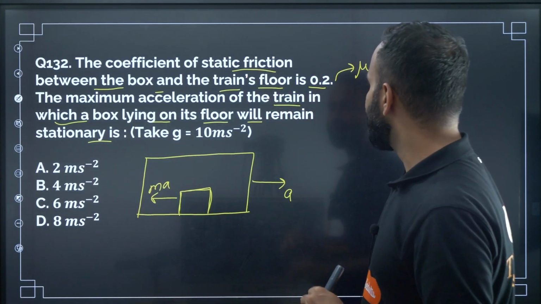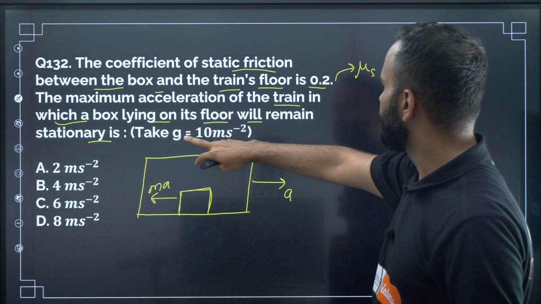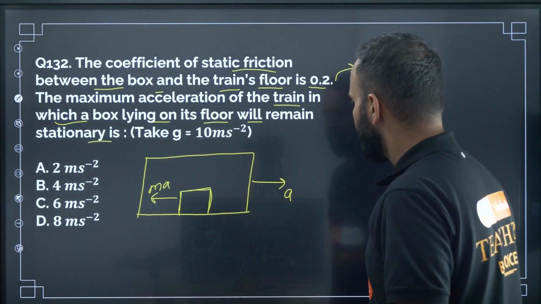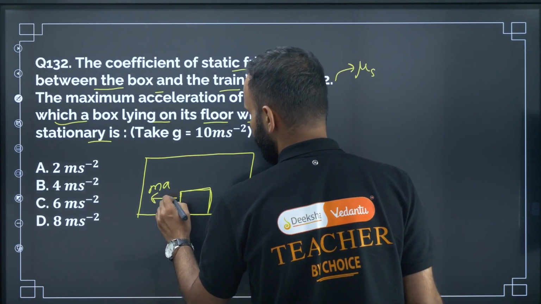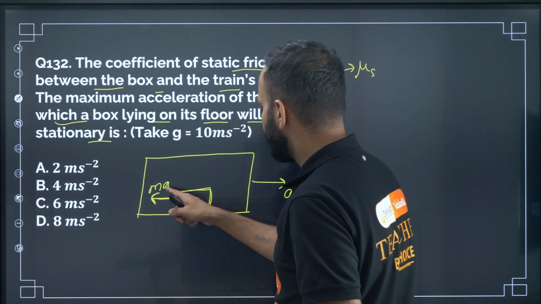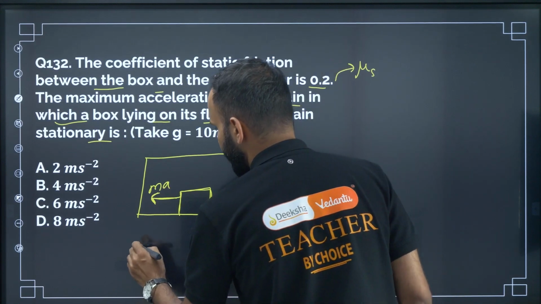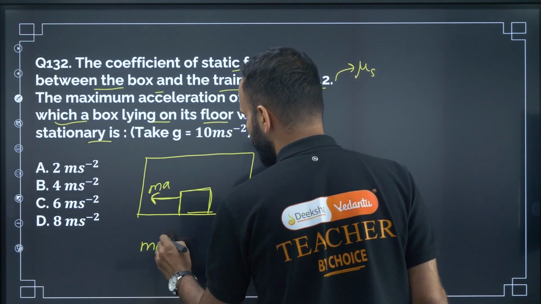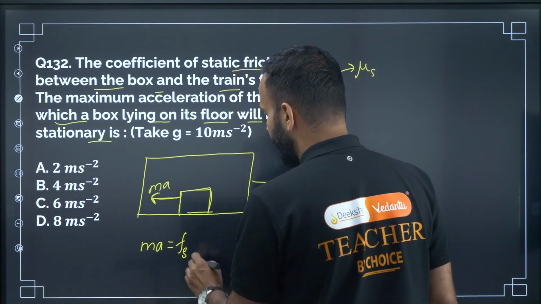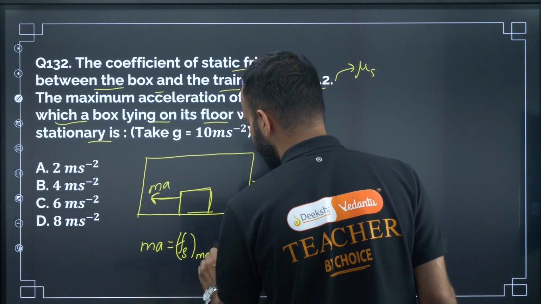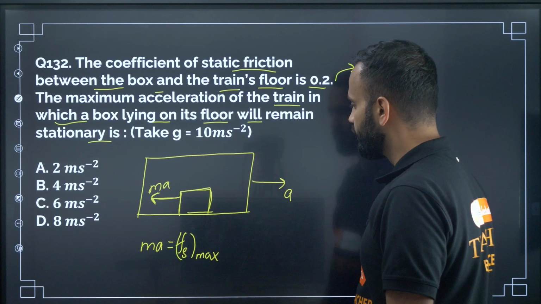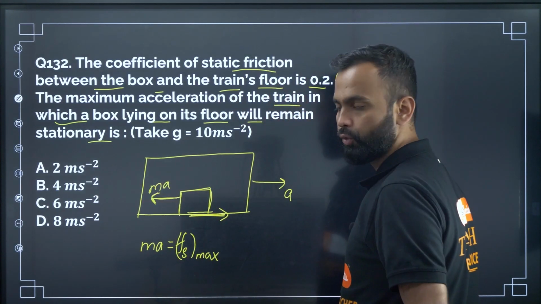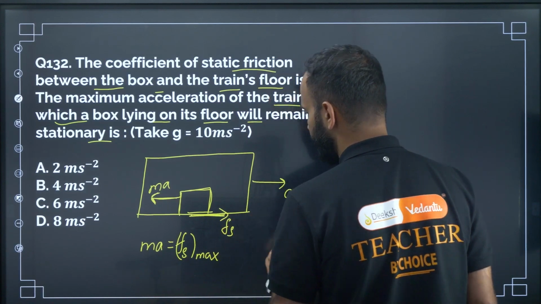Now we need to find the maximum acceleration of the train in which the box lying on its floor will remain stationary. So the pseudo force ma must be equal to the maximum static friction. Static friction acts opposite to the direction of the pseudo force, this way, Fs.